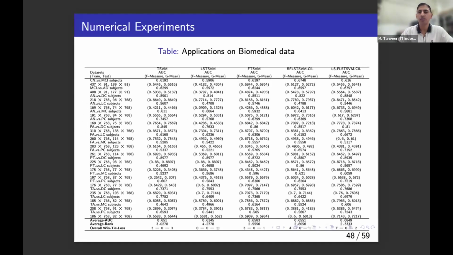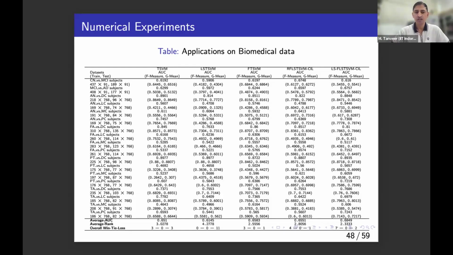Let me discuss a few results of this paper. You can see that, based on this Alzheimer's disease data, the most difficult one is MCI versus AD. We can see that our proposed algorithm is performing very well.